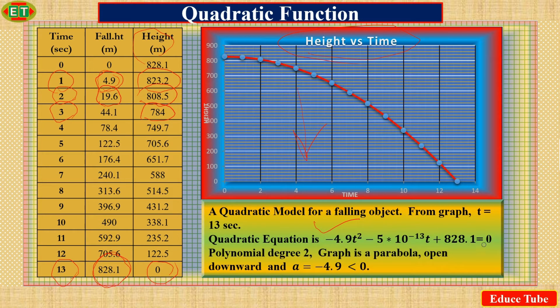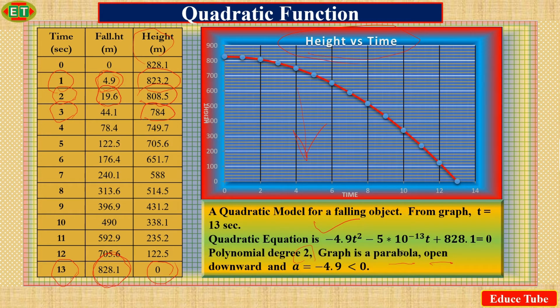It is a polynomial equation and I got this equation in Excel. It is a polynomial equation of degree 2 and the graph, of course, is a parabola, open downward, already I said, and a equal to minus 4.9, which is less than 0.